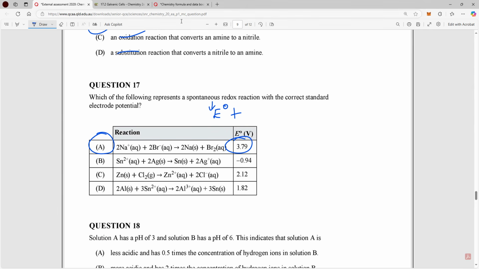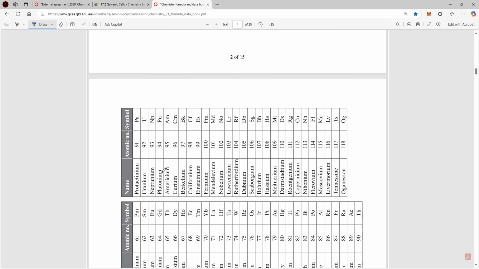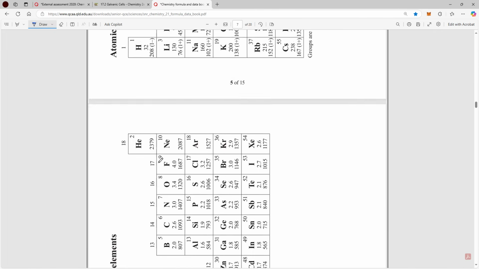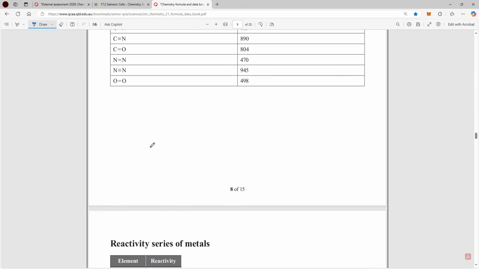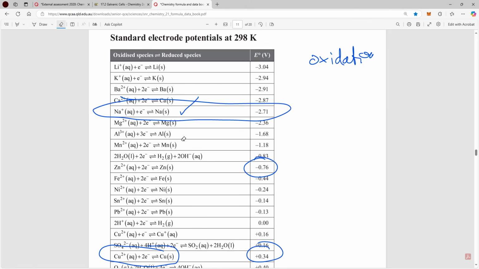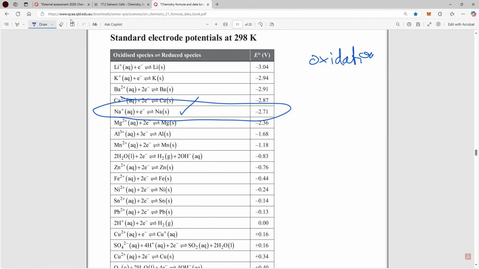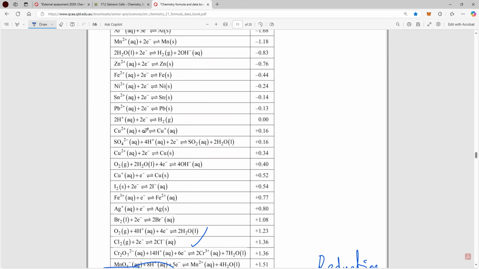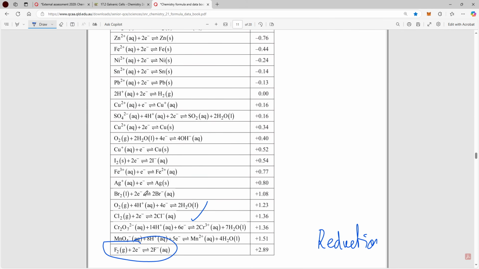Because if you look at your formulas here, if we go down here, if you go to sodium, this one here, I'll highlight the other ones. So sodium and where is the other one? Br. Here we go. Oh, I lost it. There we go.